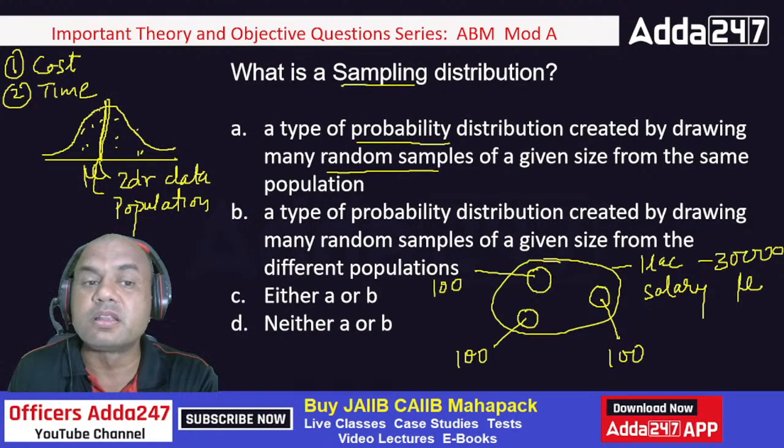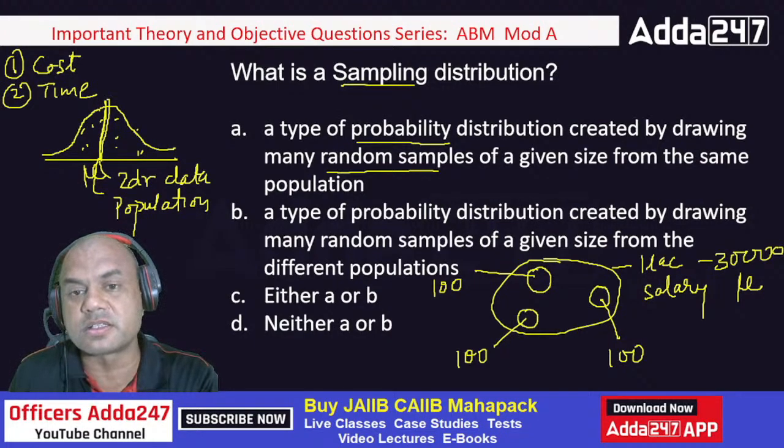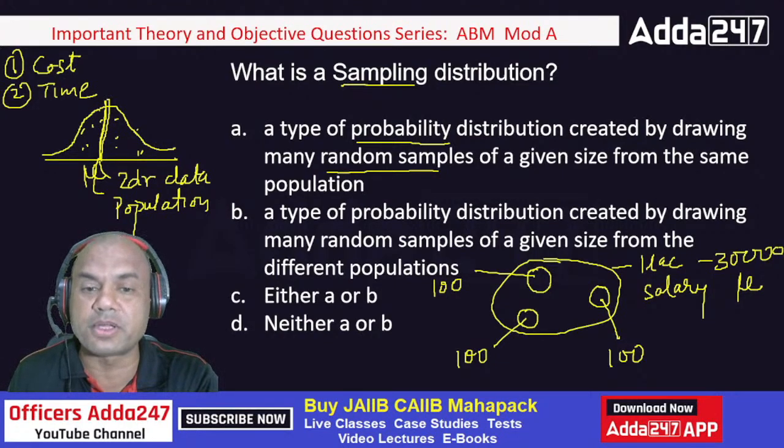Random means no judgment is involved; I contact any 10 persons in any area of that city. Otherwise, if I contact only my known persons, that is not random sampling. That is judgmental, convenient sampling.